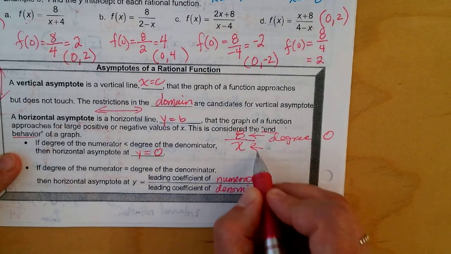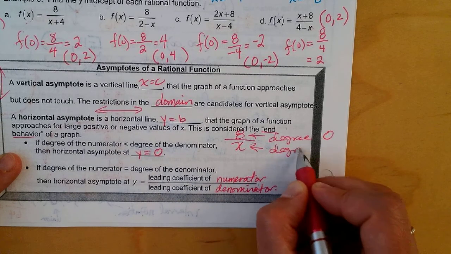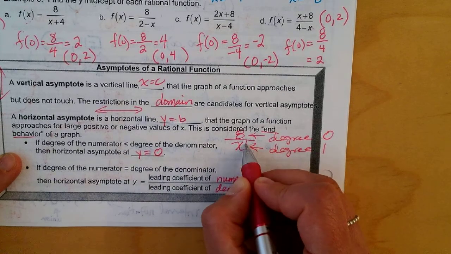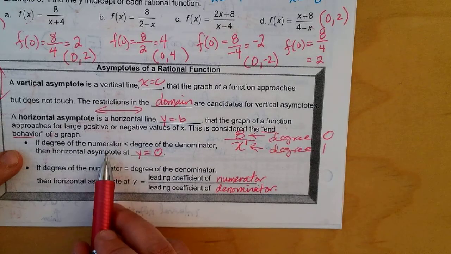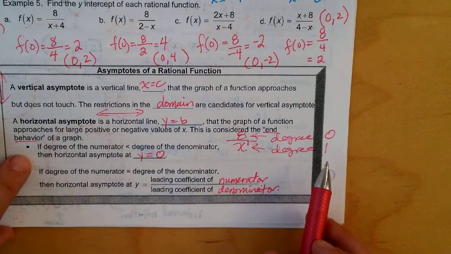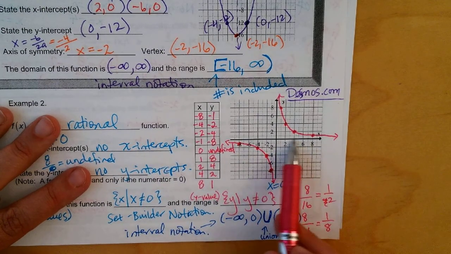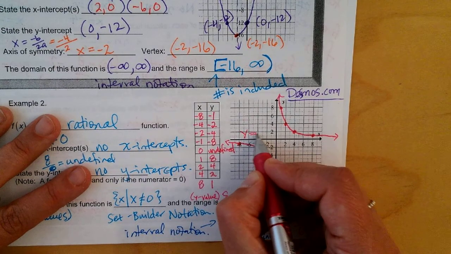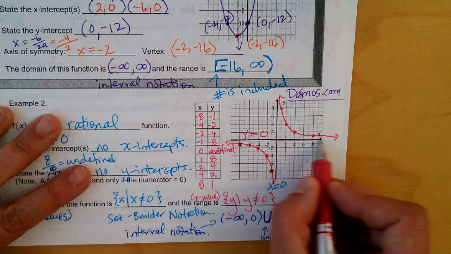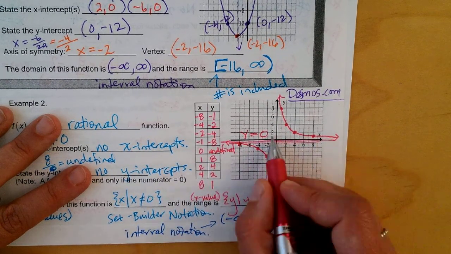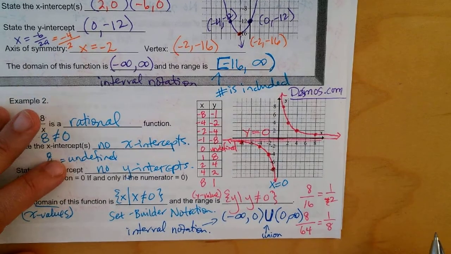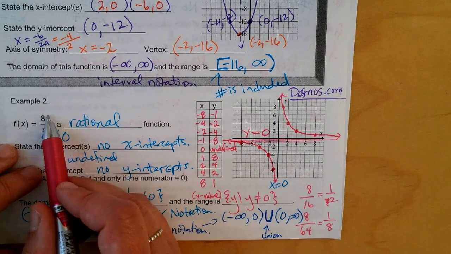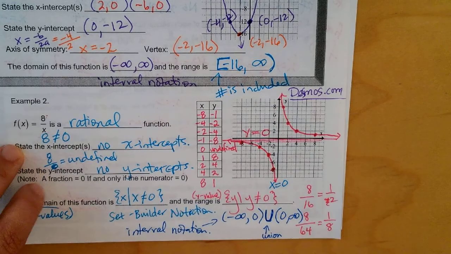What's the degree of the denominator? Yes, x to the first has a degree of 1. That's why, in the first example on our graph, the horizontal asymptote was y equals 0, which is the same exact equation as the x-axis. That's because the degree of the numerator was less than the degree of the denominator.